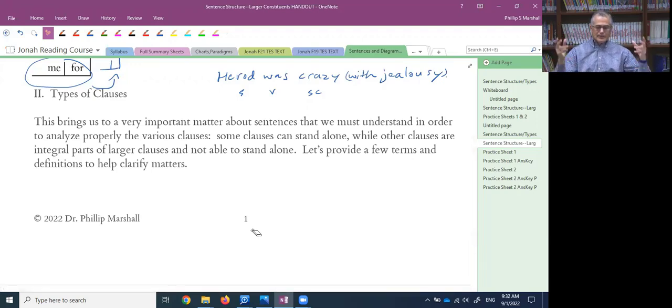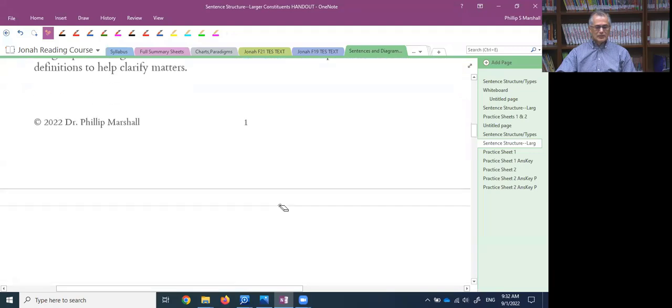Some clauses can stand alone and other clauses can't. They're integral parts of a larger clause. I want to go through some of the types of clauses in terms of how they can stand on their own or be embedded in other clauses.